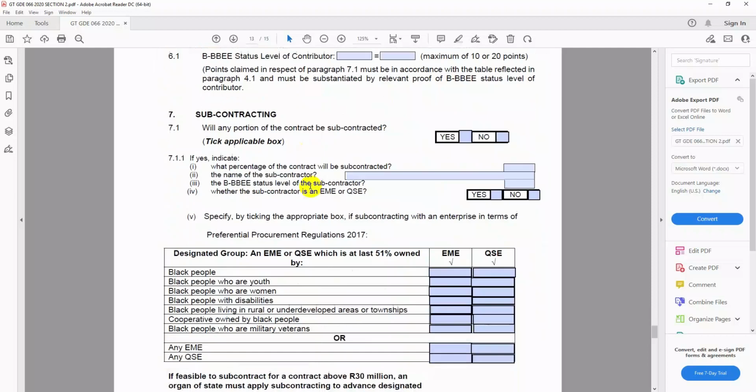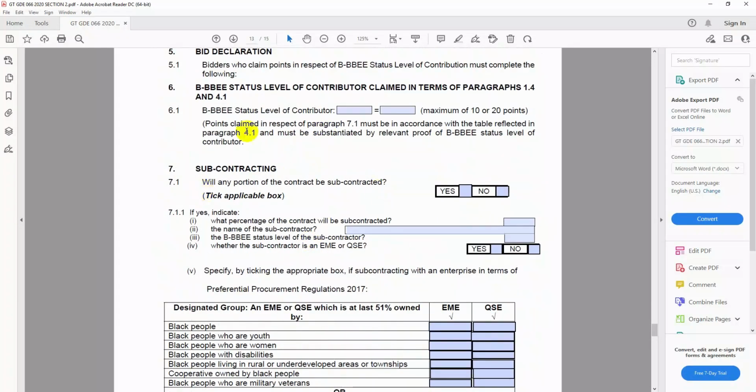And then here you can just read, this is the subcontracting. Here, according to the BEE Act or the BEE codes, if your company is an EME, a turnover of between 0 and 10 million per annum, then you are level 1, then you give yourself points. You just write level 1 and then you get 20 points.